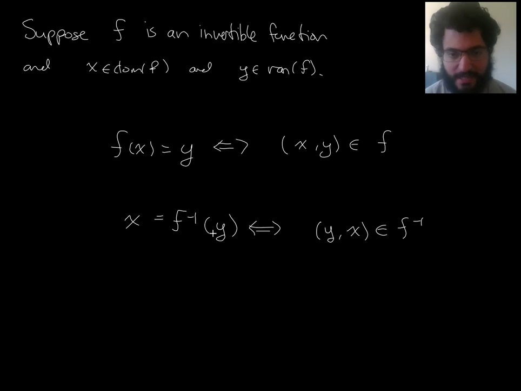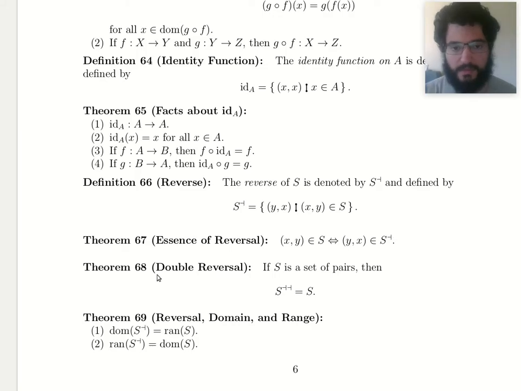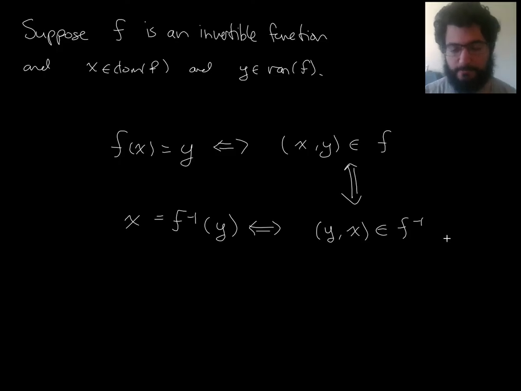So this is the same as saying this, and in fact these two are saying the same thing, right? That's sort of how reverse works according to Theorem 67. A pair is in a set of pairs if and only if its flipped around version is in the reversed set of pairs. So overall we have f of x equals y if and only if x is f inverse of y.